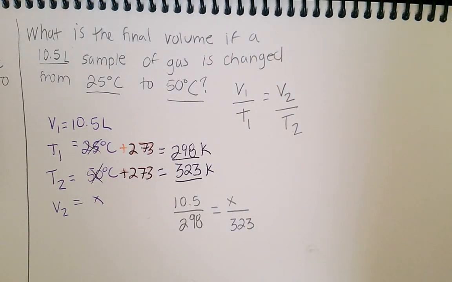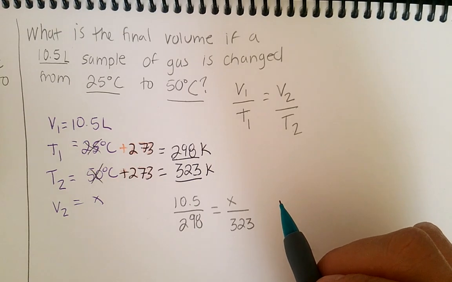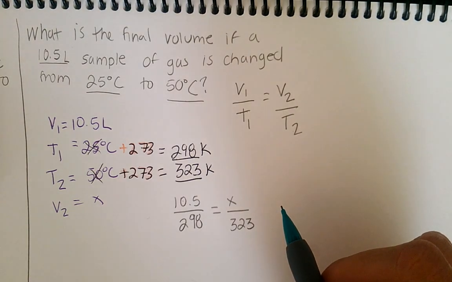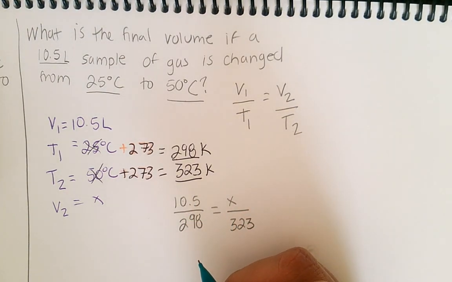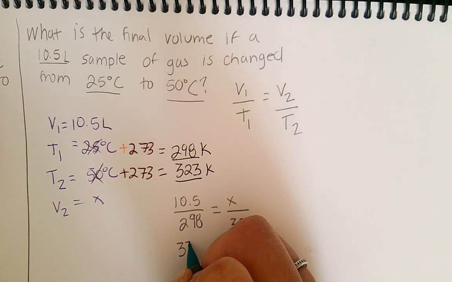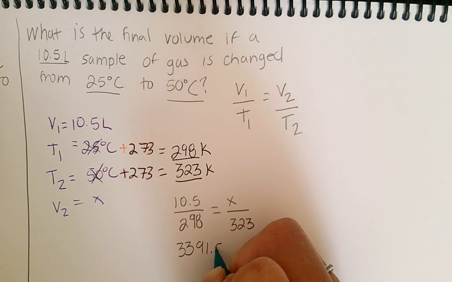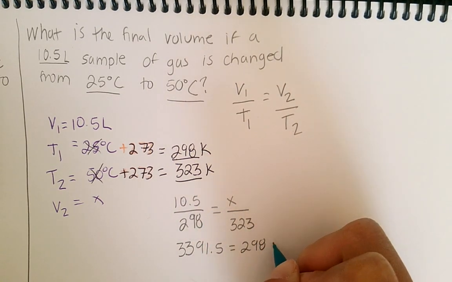All right, and again, simple proportion. 10.5 times 323, you get 3,391.5, and then 298 times x is just 298x.